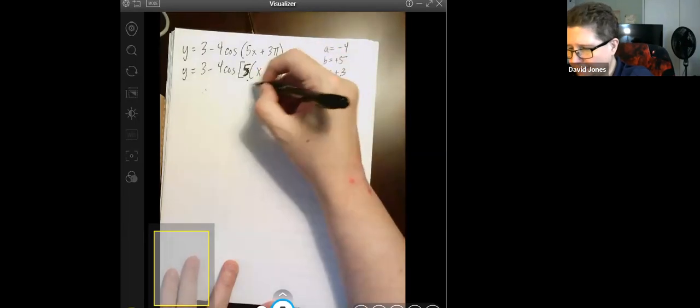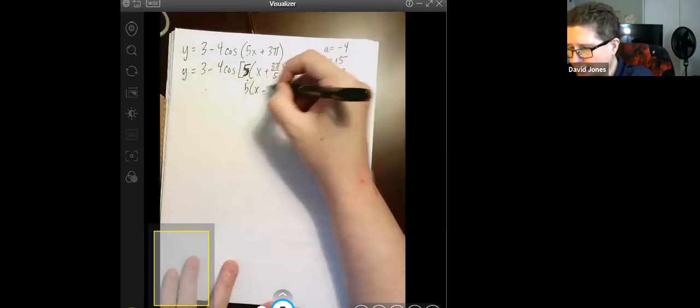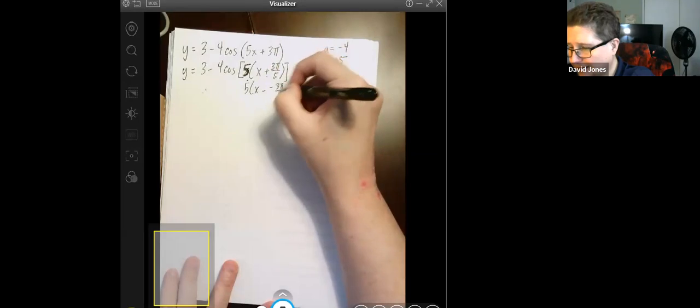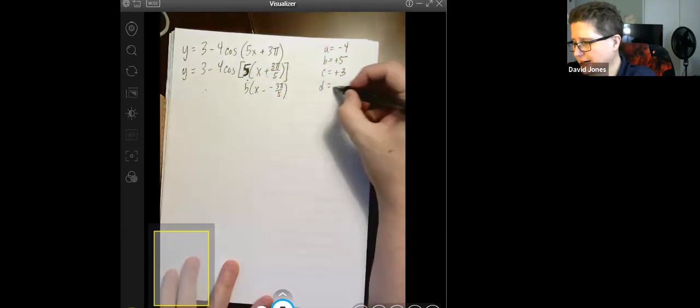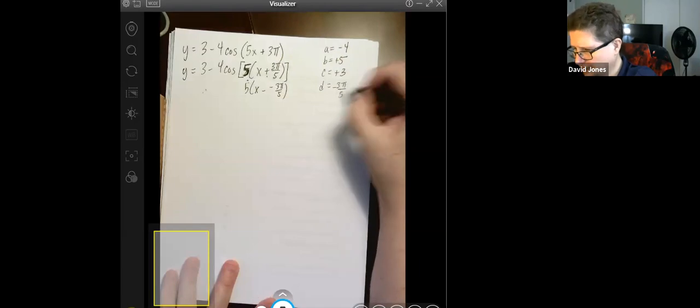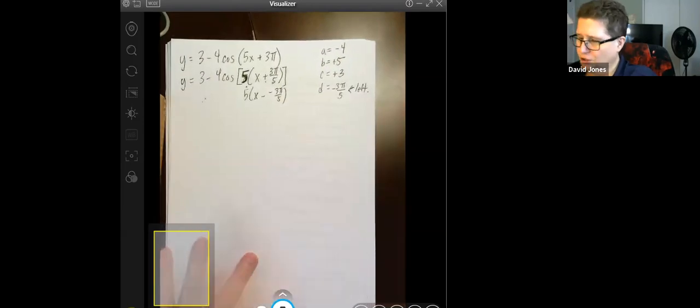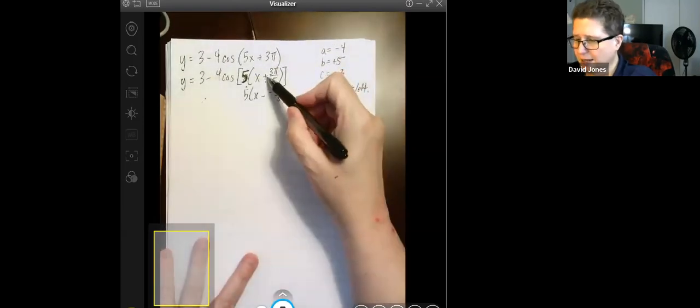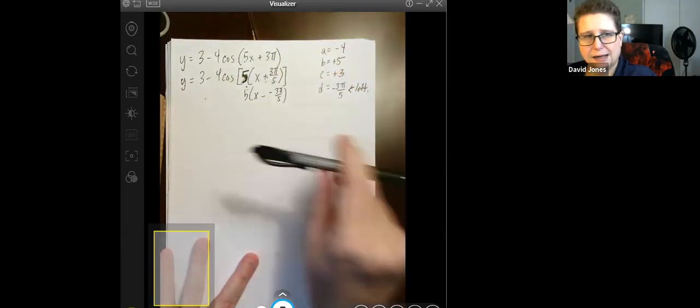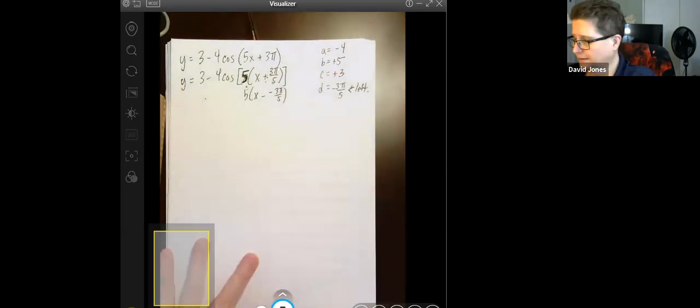This is like writing 5x minus negative 3 pi over 5. So D is negative 3 pi over 5. That's left. It's the opposite sign here. This is a plus. Plus is normally to the right, so we're going to go to the left.